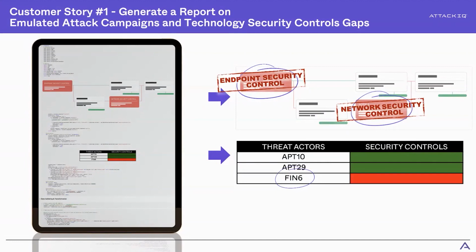There's a little bit more code that's been written, and these notebooks have been provided by the AttackIQ team and are run by the security teams of our customers. The additional code creates a simple table, and the table is much more abstracted to have a conversation with the executive level, the management level.